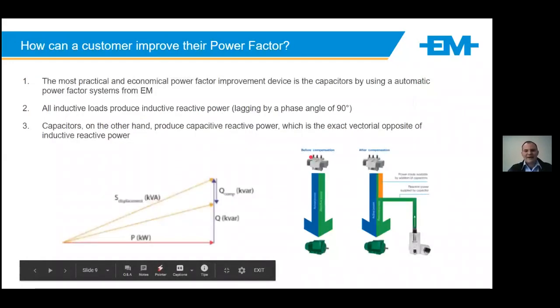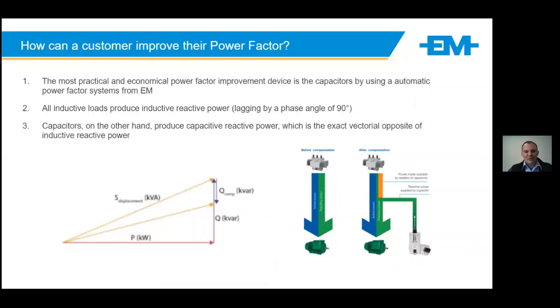How can a customer improve their power factor? The most economic and fastest way is by using an automatic power factor system, such as what EM would assemble. The system brings in the required capacitance, and this capacitance creates a phase angle change.